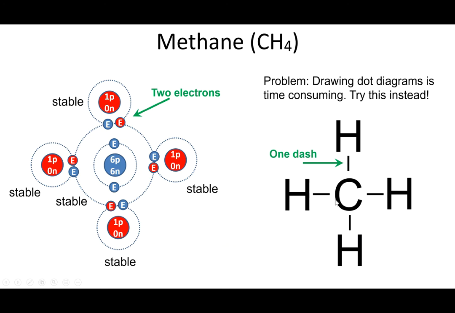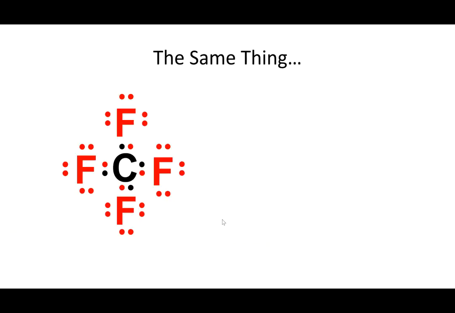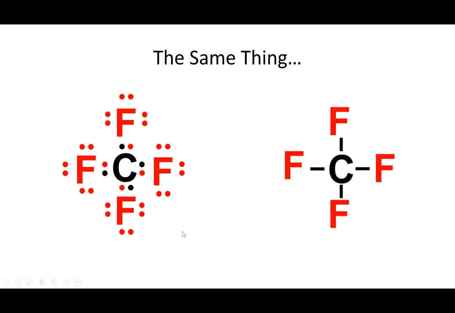So here's carbon. And remember, carbon wants 8 electrons on its outer shell. So let's count. 2, 4, 6, 8. This is a stable molecule. One dash, 2 electrons. So this is another kind of dot diagram that shows you where all the electrons are. Again, super complicated. So we just do that.